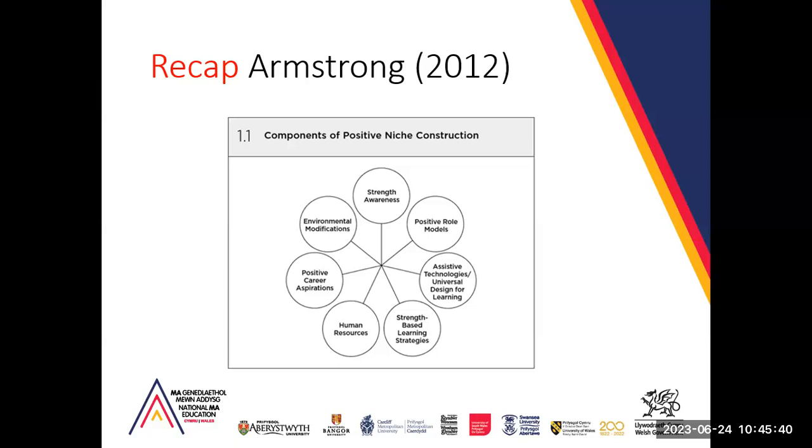Thinking about positive career aspirations. I know from research that that's something that a lot of people, particularly those that might have disabilities, don't necessarily have. So thinking about those positive career aspirations can be really important, and reflect that within the setting. Thinking about environmental modifications, and that can extend to the whole setting rather than just classrooms as well. But those are some of the ideas that were developed around the positive niche construction.